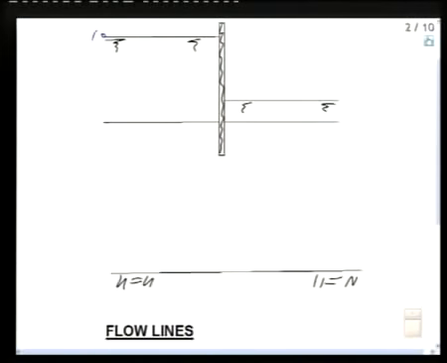Suppose this is point A, this is point B, this is C, this is D, this is E, F, G, I, J, K, L. Okay, I did not use the letter H because H is the height, so I don't want to use it. Okay, we have this condition. You don't need to draw it now.